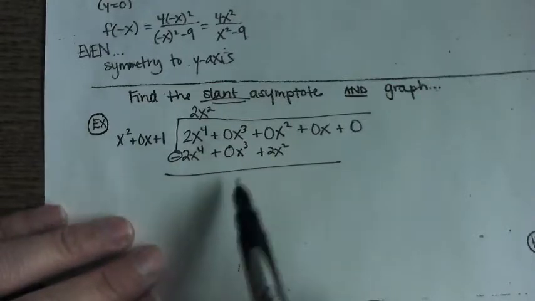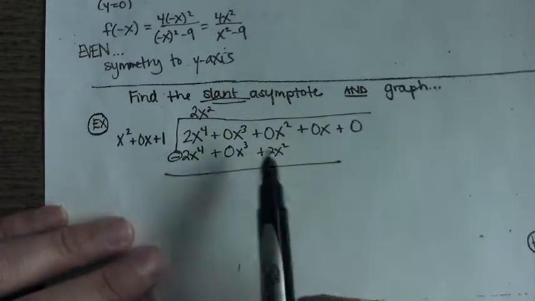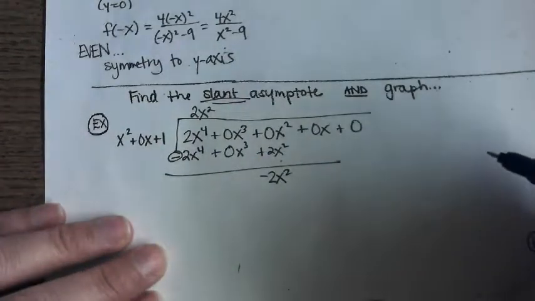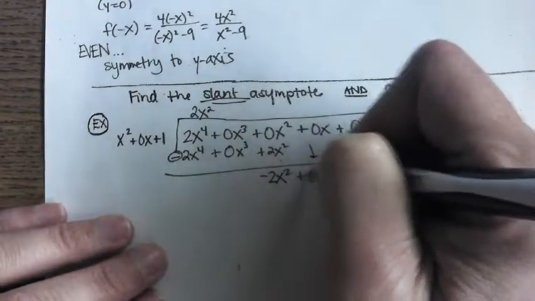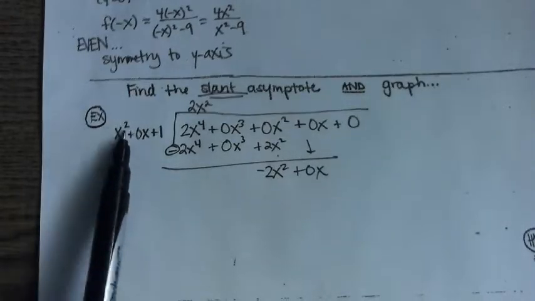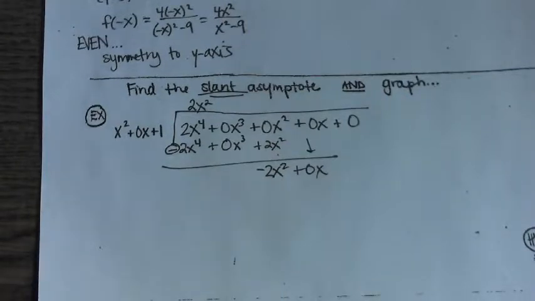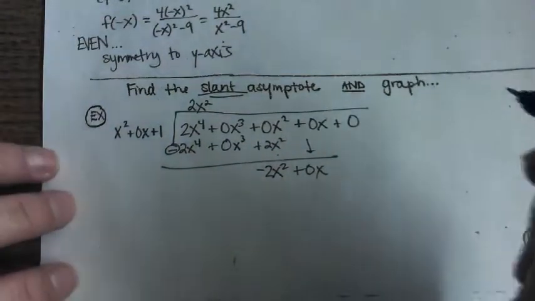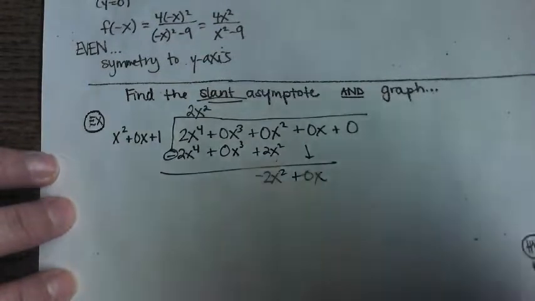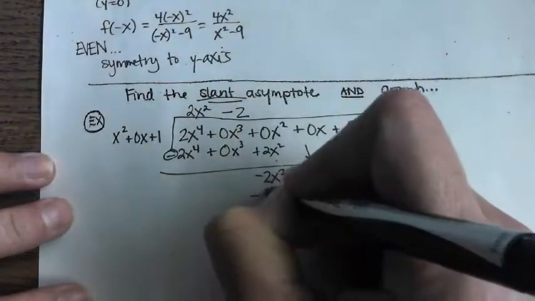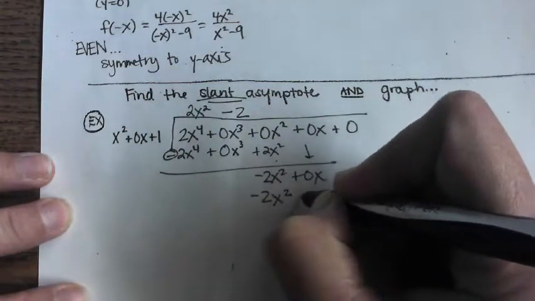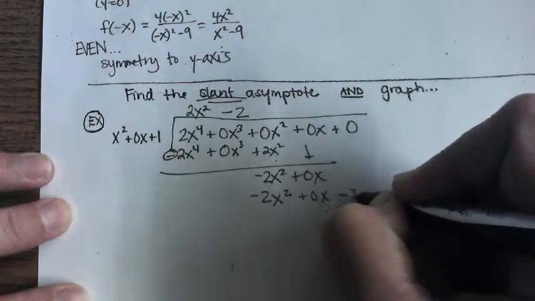Those cancel, those cancel. 0x squared minus 2x squared is negative 2x squared. You can bring down your plus 0x if you want to. Repeat: x squared times what is negative 2x squared? Negative 2. Line it up. Negative 2x squared plus 0x minus 2.